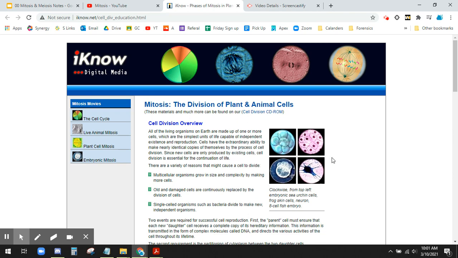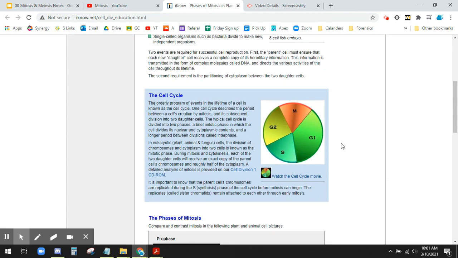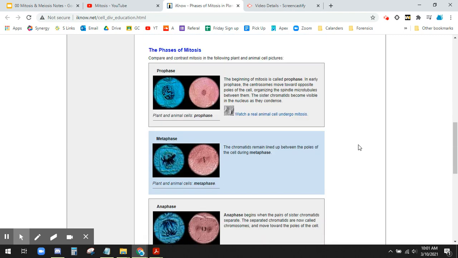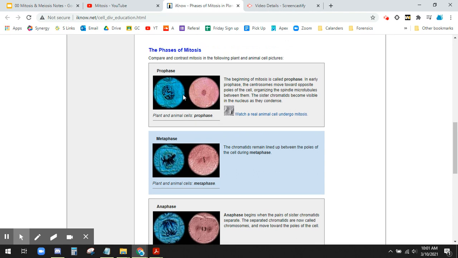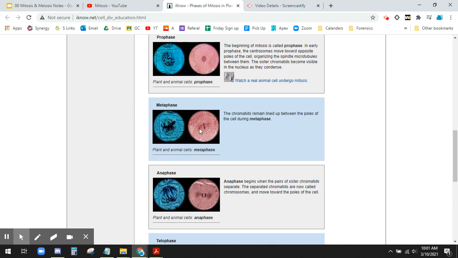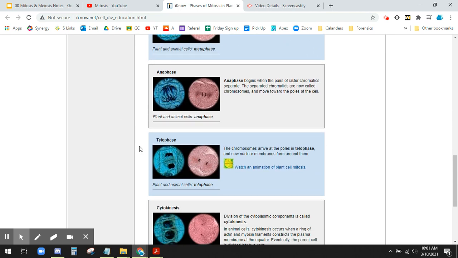Here's a website that shows you division. It goes over the overview of it, and it shows you the cell cycle again. So this is a good place to see your pictures in a different way. So prophase, metaphase, in 2 different, so this one's a plant cell, this one's an animal cell. So prophase, metaphase, anaphase, and then telophase.